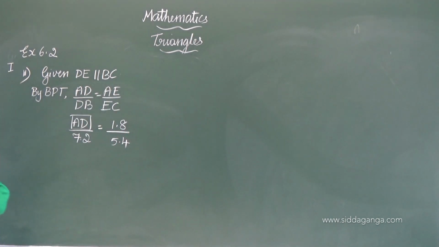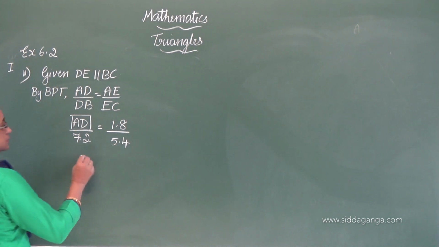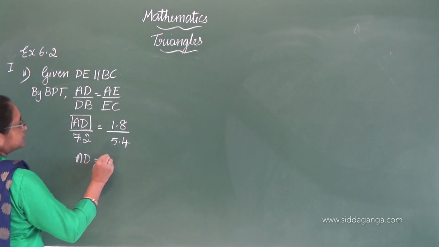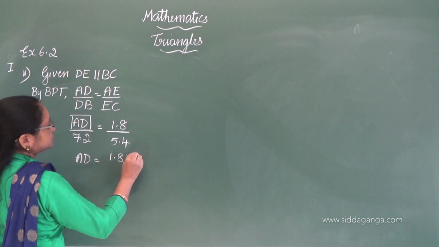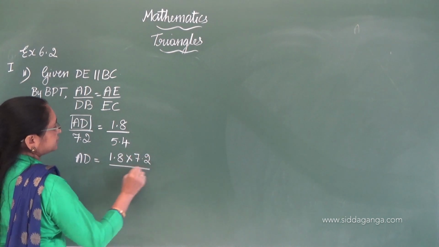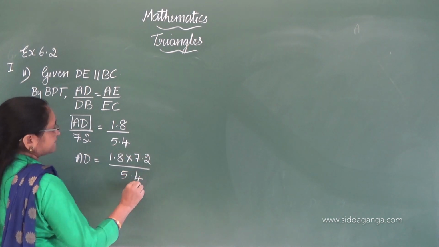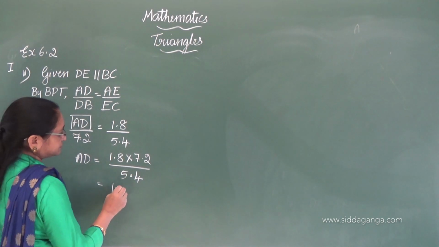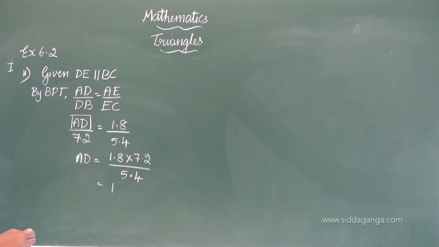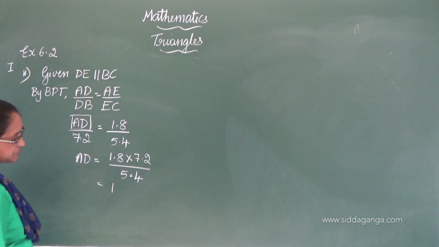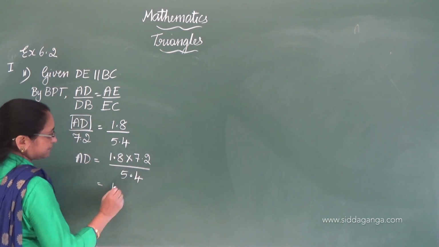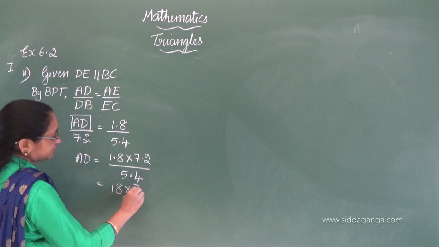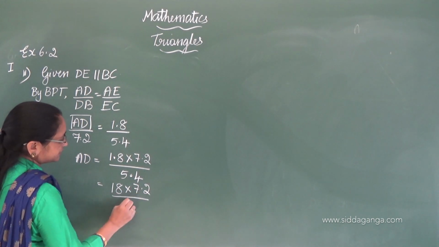So AD is equal to 1.8 into 7.2 divided by 5.4. I will just remove this decimal point: 18 into 7.2 divided by 54.